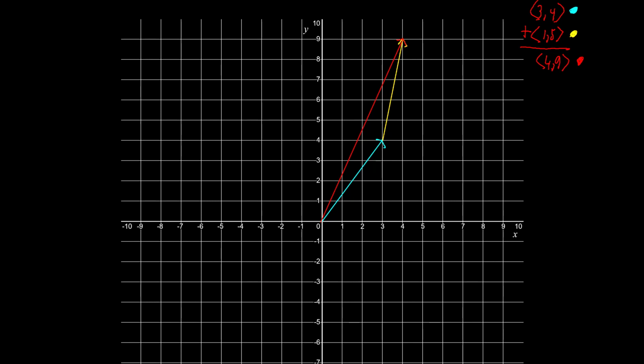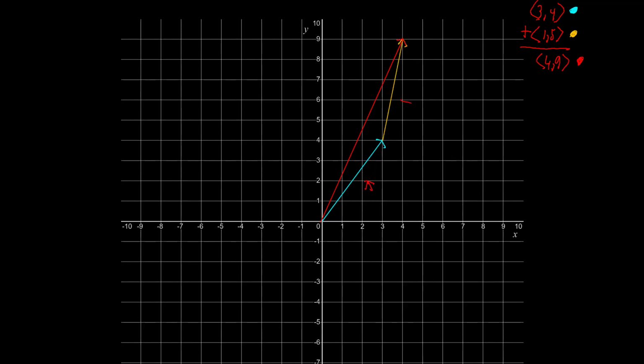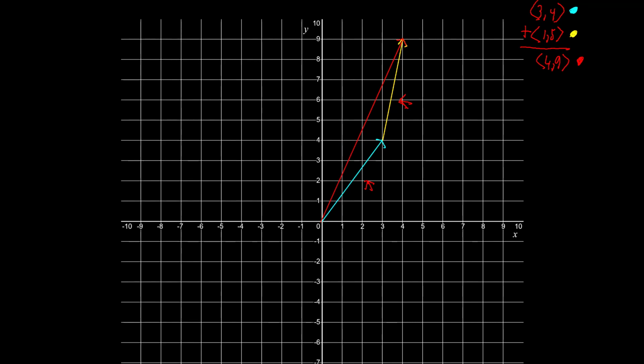So I just picked the thing up and I moved it up here, and that right there is what we mean when we say that this blue vector plus this orange vector is the same thing as the red vector. It goes the exact same distance.